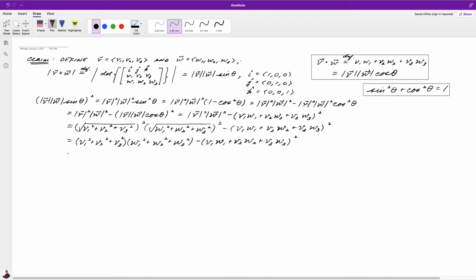We're going to multiply this trinomial by this trinomial and get the following.